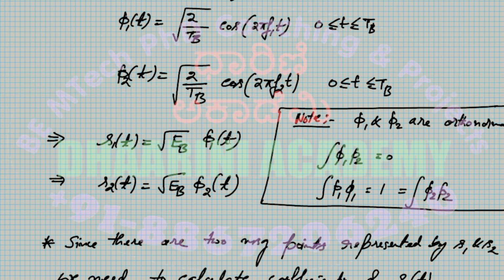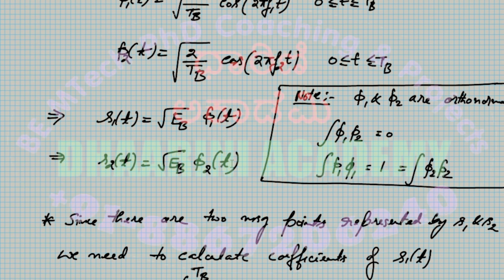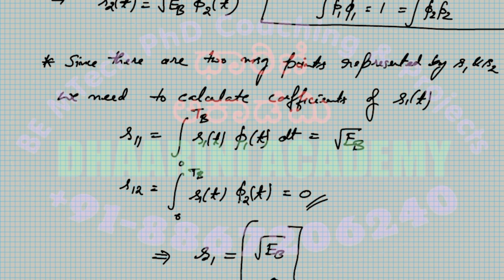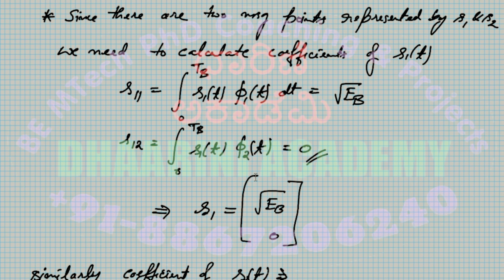Okay, right. Then S1 of t can be written as root E_b into phi1. S2 is root E_b into phi2. So root E_b will not change. That's the message symbol. Now, since there are two different basis functions, whenever you send one symbol, symbol 1 or symbol 2, you will be able to multiply that with the two different signals to get two different answers, indicating that this is a two-dimensional problem, not a single dimension.